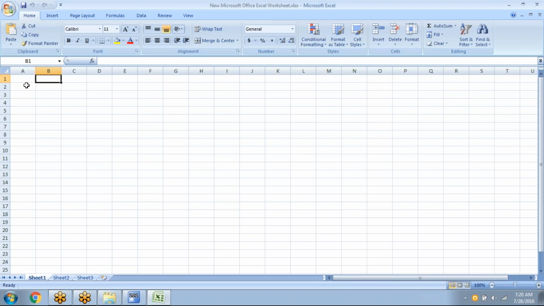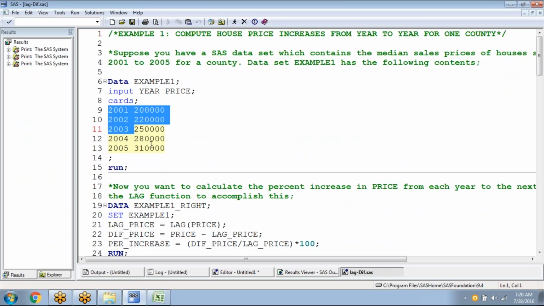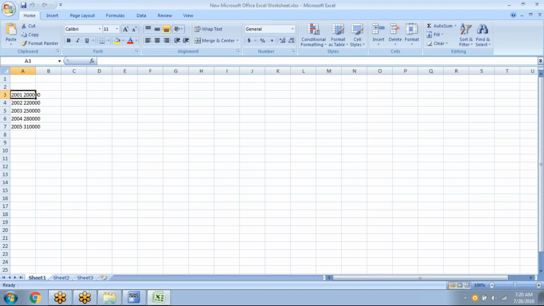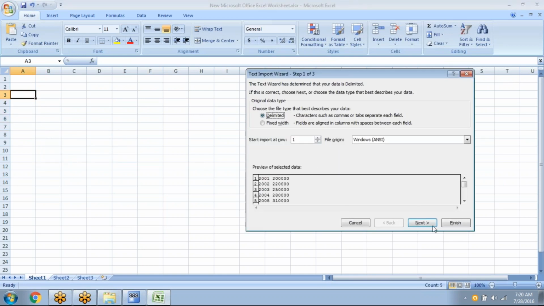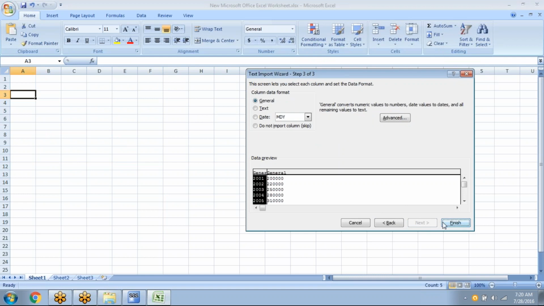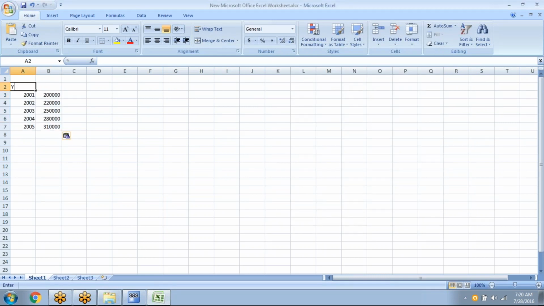So let's say you have some data. Let me take the same data, whatever I have here. So let's say year, and this is county. Now, let's say you have house prices across every year.